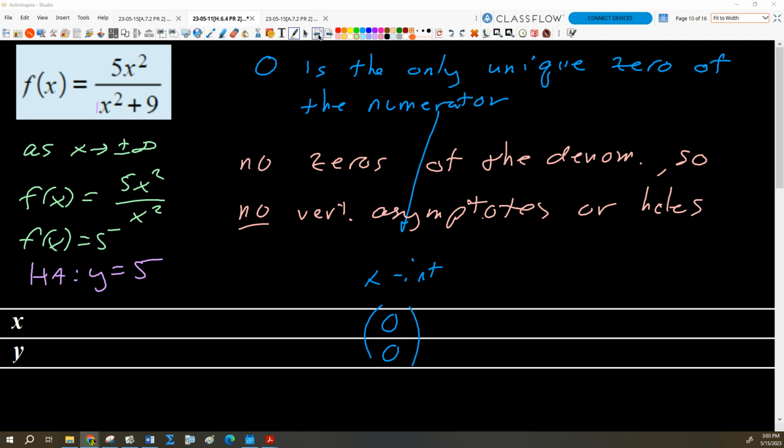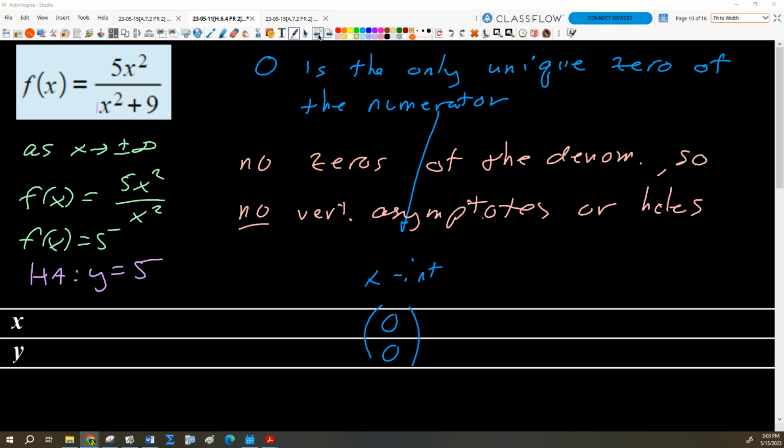If the degrees of the polynomials are equal, then you get a horizontal asymptote at y equals the ratio of the leading coefficients. It's always going to work that way, right? So here we had a 5 over a 1 equals 5. That's our horizontal asymptote. Take your pick. We're saying the same thing, right?